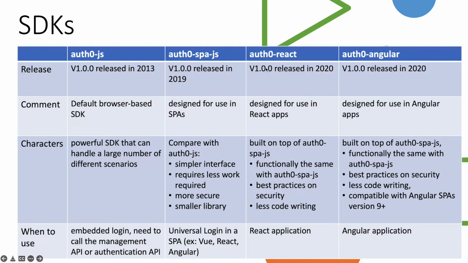Auth0-React is built on top of Auth0-SPA-JS. So the aiming of build this new SDK in last year because they want to simplify the interface. The functionality is the same with Auth0-SPA-JS, and it requires less code writing.